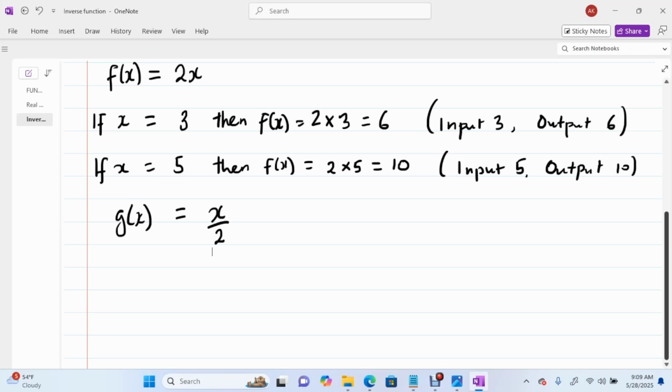So we have a special notation for the inverse function. I'm going to write it here.